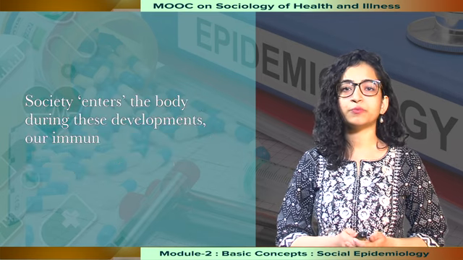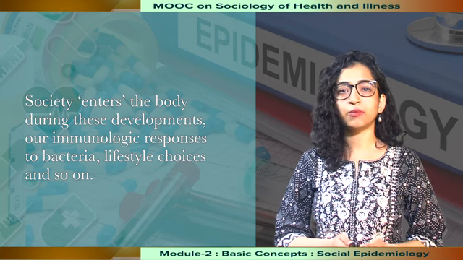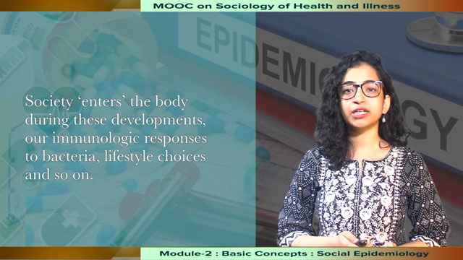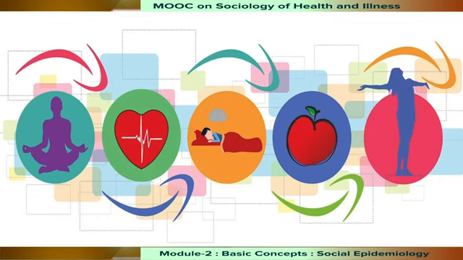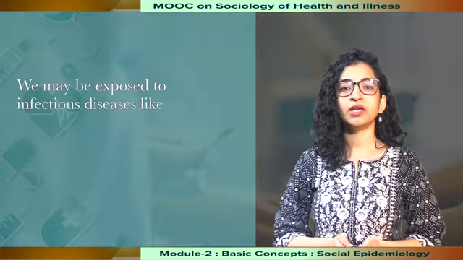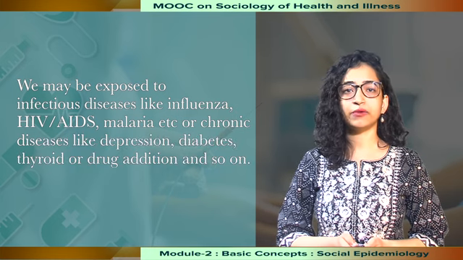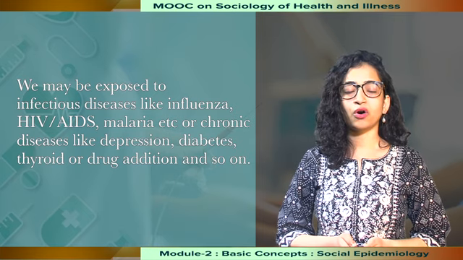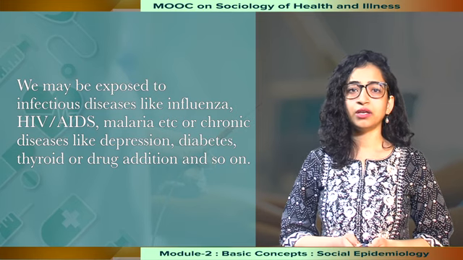In all these cases, society enters the body during these developments. Our immunological responses to bacteria, lifestyle choices, and so on are also impacted. We may be exposed to infectious diseases like influenza, HIV/AIDS, malaria, etc., or chronic diseases like depression, diabetes, thyroid, drug addiction, and so on.